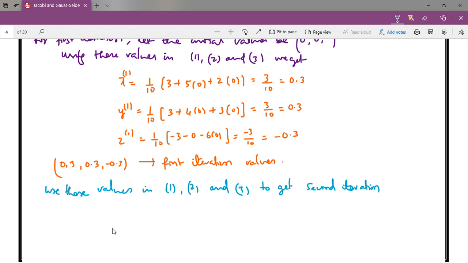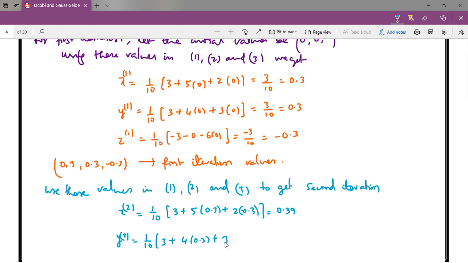Okay, so that is x2, the second iteration: 1 by 10 into 3 plus 5 into 0.3 plus 2 into minus 0.3, so this gives 0.39. So y2, that is 1 by 10 into 3 plus 4 into 0.3 plus 3 into minus 0.3, so this gives 0.33.